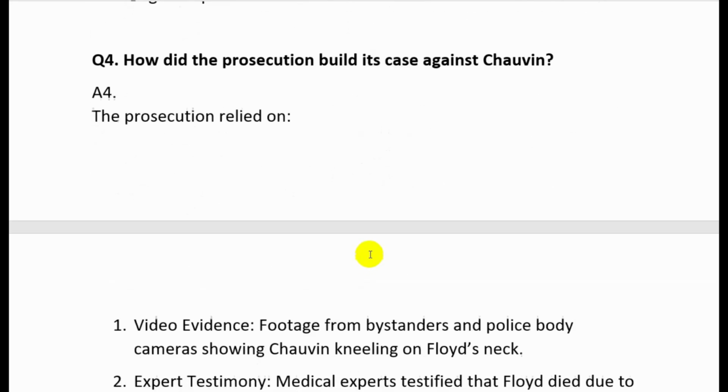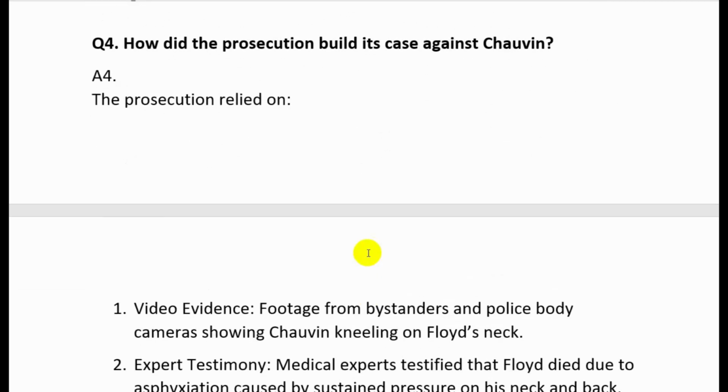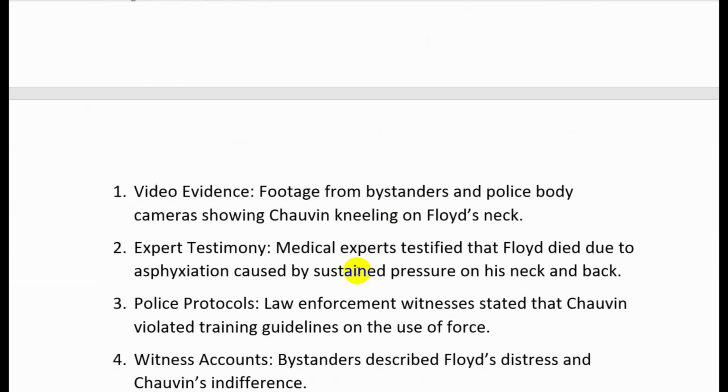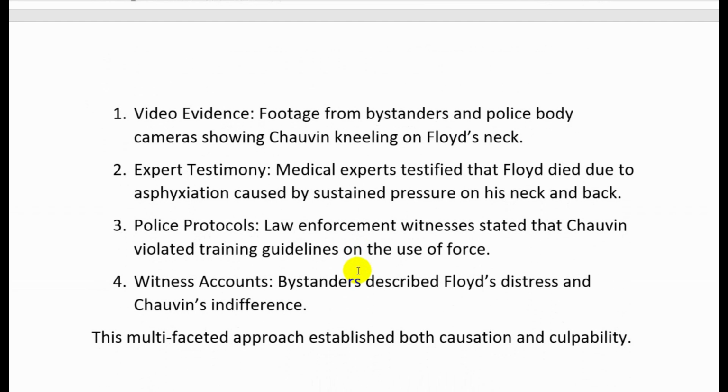How did the prosecution build its case against Chauvin? The prosecution relied on video evidence, experts' testimony, police protocols, and witness accounts. Let's go one by one. Video evidence: footage from bystanders and police body cameras showing Chauvin kneeling on Floyd's neck. Expert testimony: medical experts testified that Floyd died due to asphyxiation caused by sustained pressure on his neck and back.